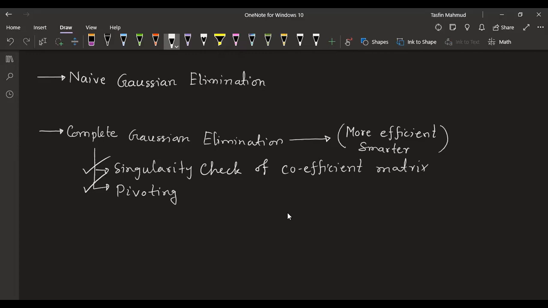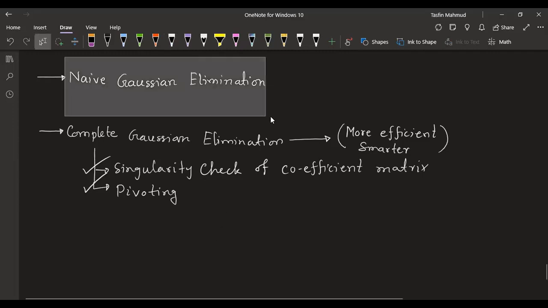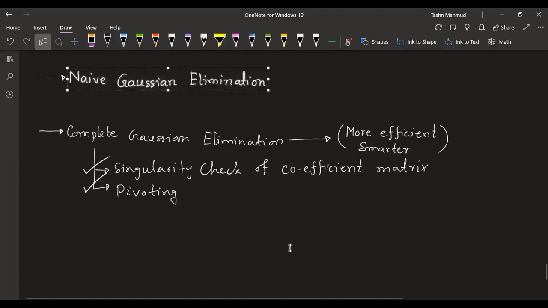Naive means amateur, or not that efficient, not someone like a pro. So you have to make this naive Gaussian elimination into better code.